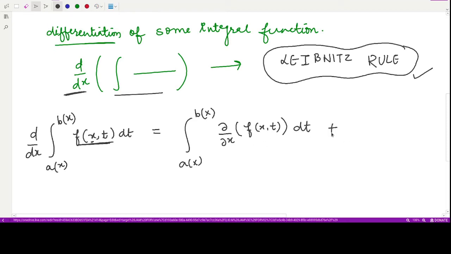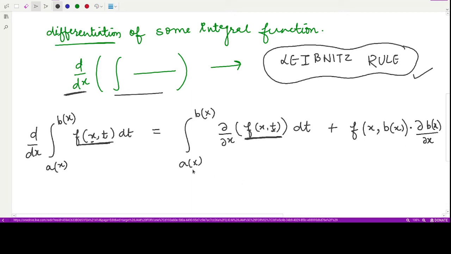In the second quantity, instead of t we substitute the upper limit. So we have the function f of x comma b of x, and this whole thing is multiplied by the partial derivative of the upper limit with respect to x. This is the second term.